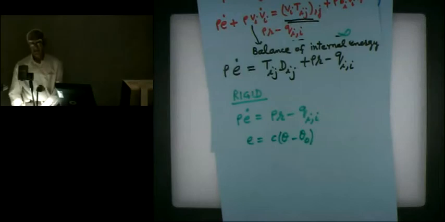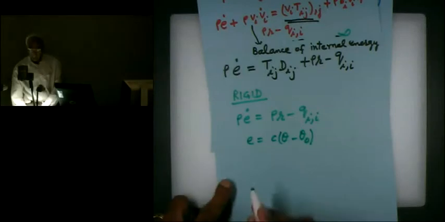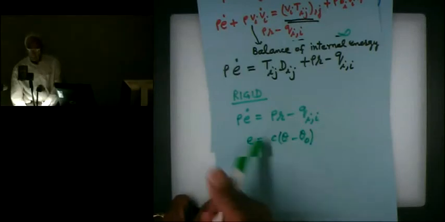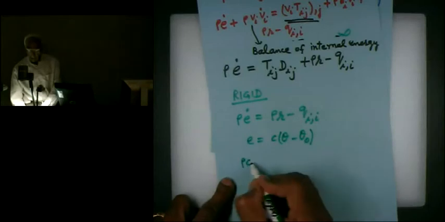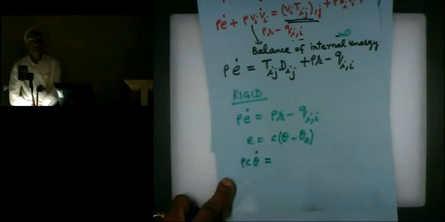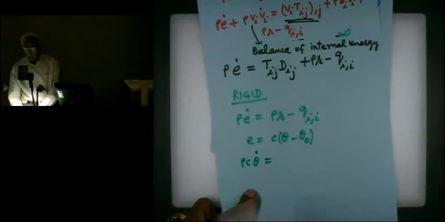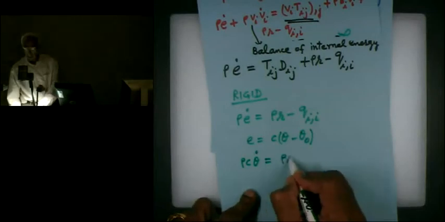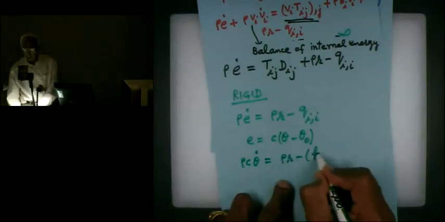Maybe let me write the next line, maybe then you will know it. So if I substitute in here, I get rho C theta dot equals rho R, and let's substitute the Fourier's law of heat conduction.